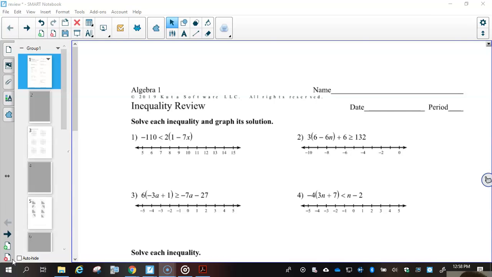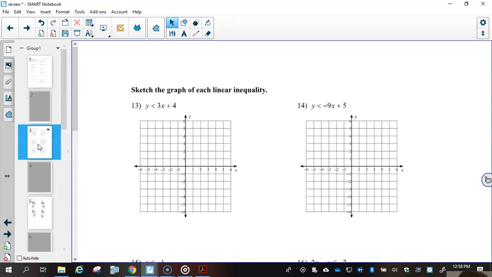The 3 objectives are going to be, can you solve inequality? So that's what the first page is. Can you graph linear inequality? So that's what the second and third pages are. The single sheet I just gave you wasn't connected to the packet. It should have been.